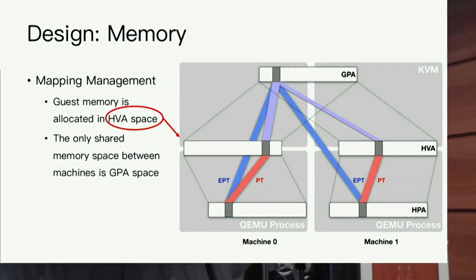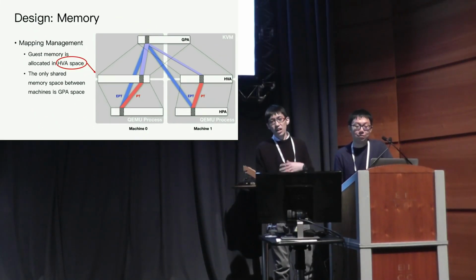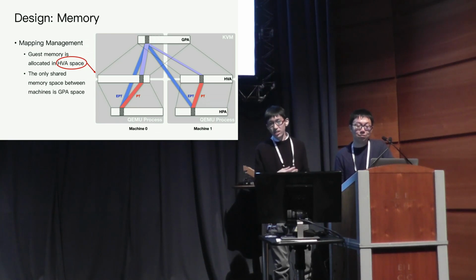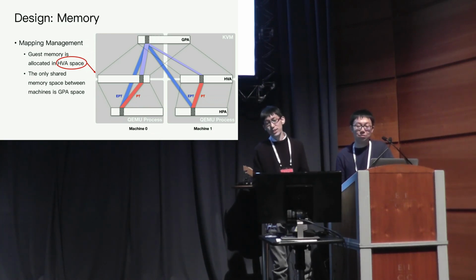So basically, till now we have given a review of DSM, and here are some interesting things that we've encountered in the attempt to implement this DSM in KVM. There are some difficulties due to the complexity of the KVM memory subsystem, but more importantly, the first challenge is that mapping management in the presence of virtualization is quite different from traditional DSMs.